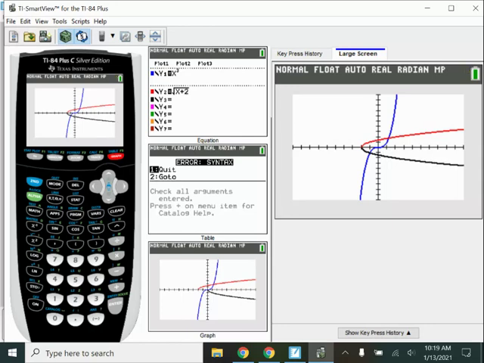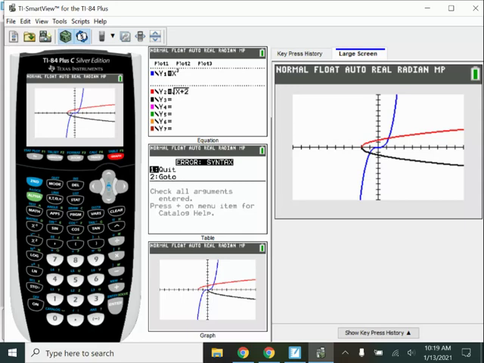So remember, the red and the black actually are going to represent the same curve when it's x equals y to the 1/3 power. But the blue curve is the original. The red and the black do represent the same thing, but those are the x equals y squared minus 2 equations.